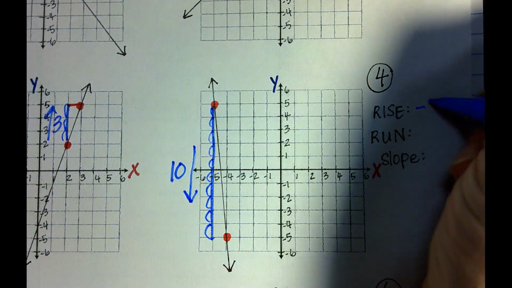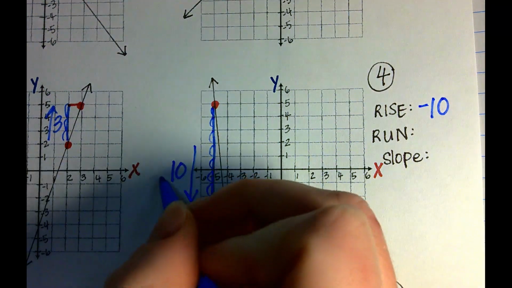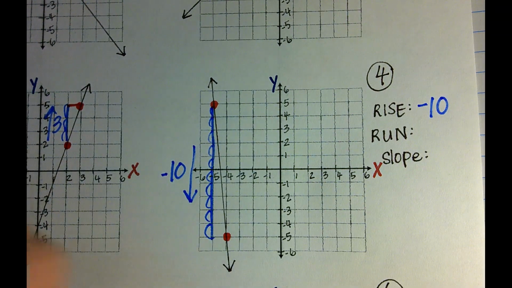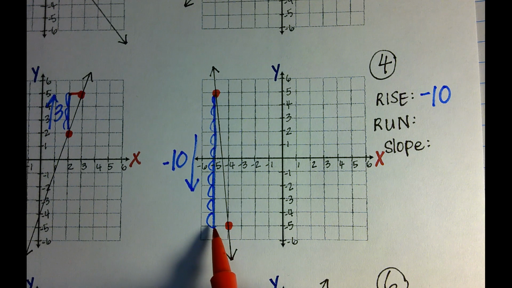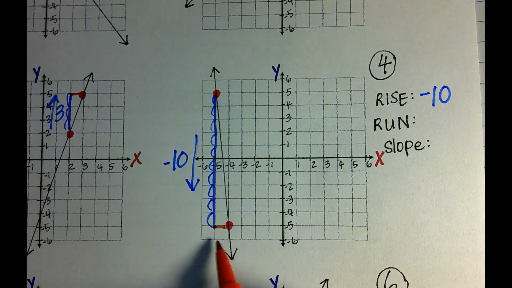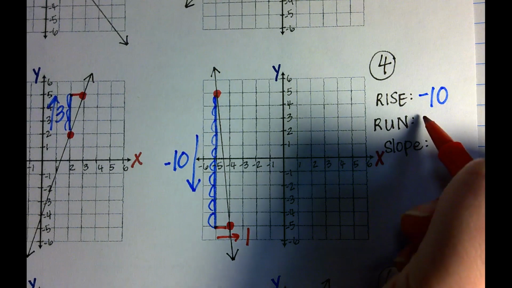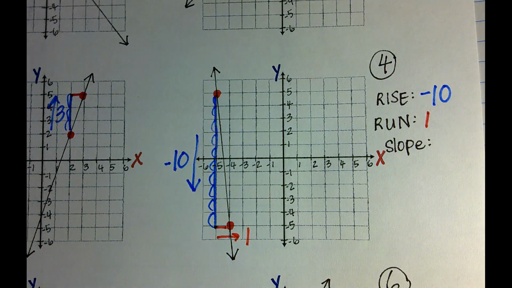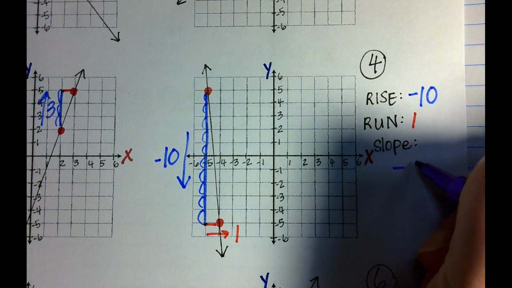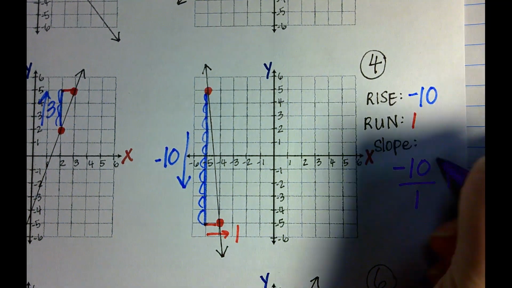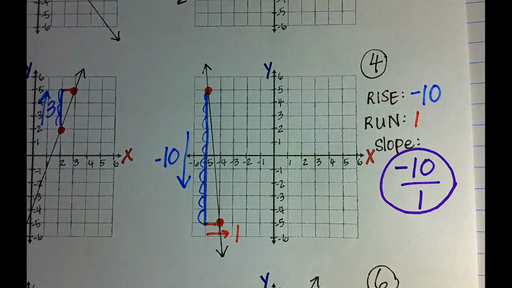Good, negative 10. Perfect. And from where we stopped, go ahead, Jenny. Over 1. So that's our run. So what's our slope? Negative 10 over 1.